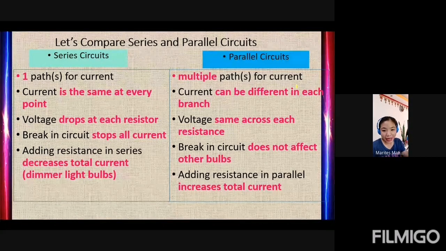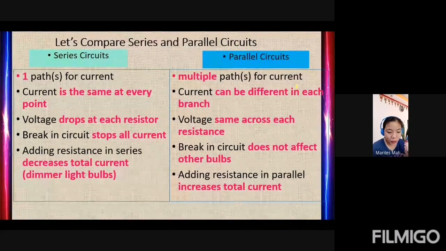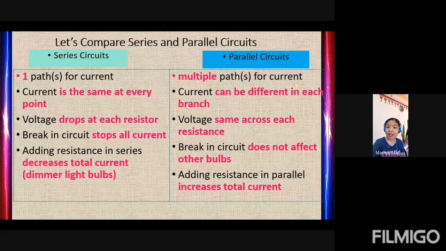The light dims. While in parallel, adding resistance in parallel increases total current. The brightness stays the same. So that's a summative difference of series and parallel.